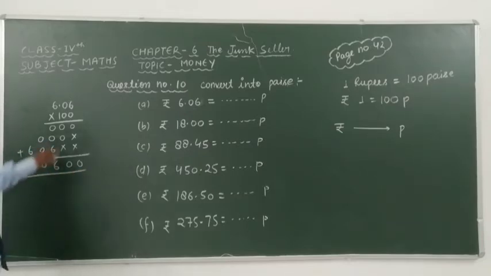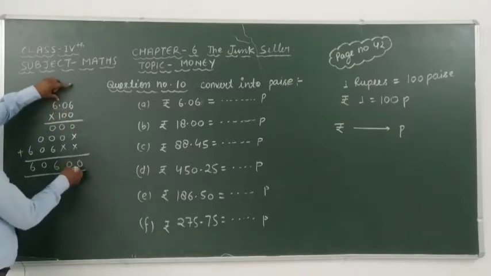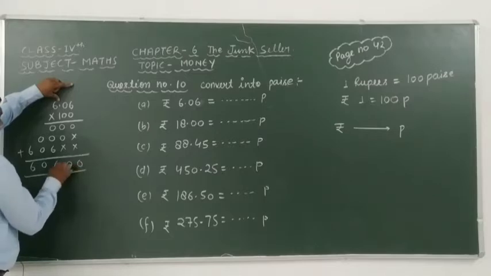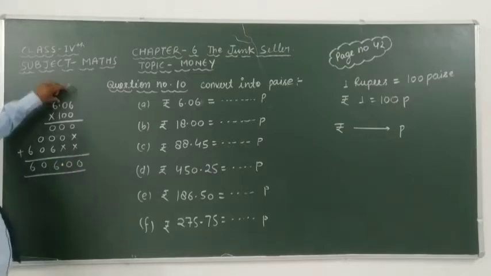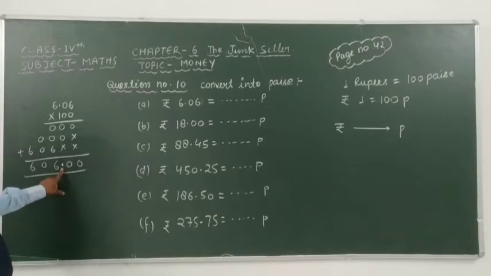In the multiply process, we have to take the decimal point attached before 1 and 2. It means that 2 digit place, therefore here 1 digit and this is 2 digit, therefore here we have to take the decimal point. Okay, it means that after multiplying these we get 606.